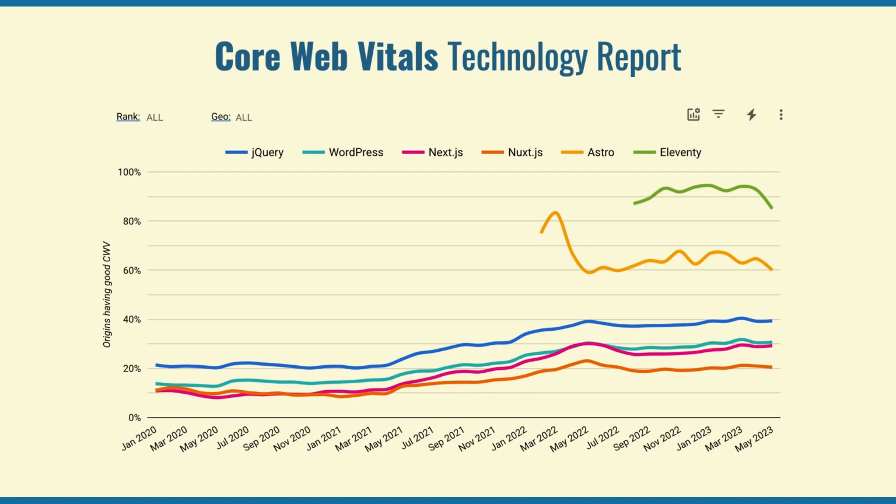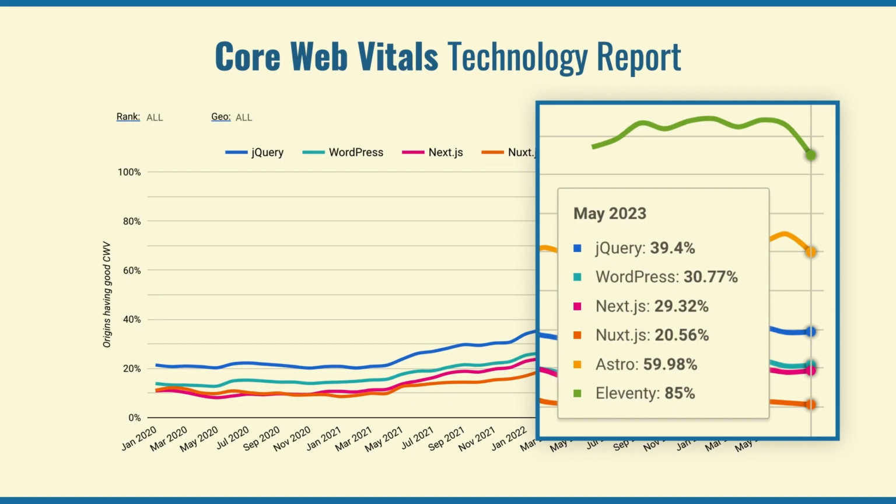So here you see, for example, a technology breakdown, and how often people have a good Core Web Vitals experience. A good Core Web Vitals experience has a good LCP, largest contentful paint, a good first input delay, a good layout shift. And you see here that pages like Astro, these are pure pages that try to avoid using a lot of JavaScript. People have better experiences using these pages.